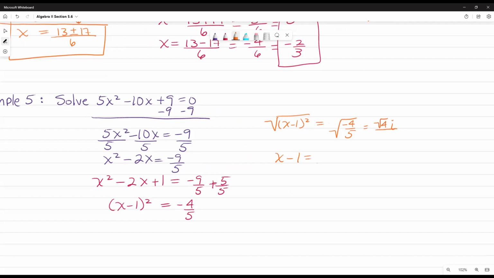And square root of 4 over square root of 5. So I know the square root of 4 is what? 2. So we're going to be turning that into a 2. But we got to get rid of that square root in the denominator. So we multiply times square root of 5 over square root of 5. And so we end up with plus or minus 2i square root of 5 over 5.